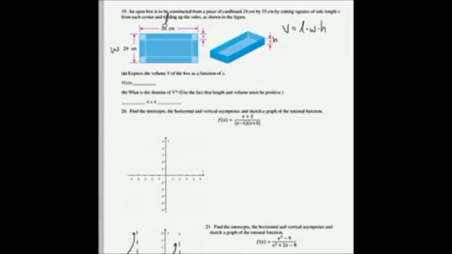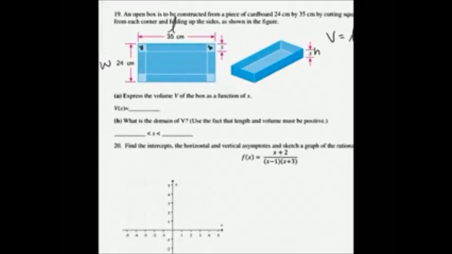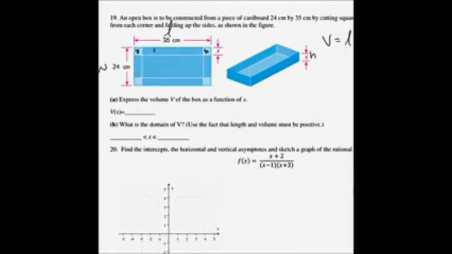Now when it's folded flat, the length is 35 centimeters. But when this little piece is cut out and this little piece is cut out, then that length is 35 minus 2x. That goes from here to here. So the length is 35 minus 2x.